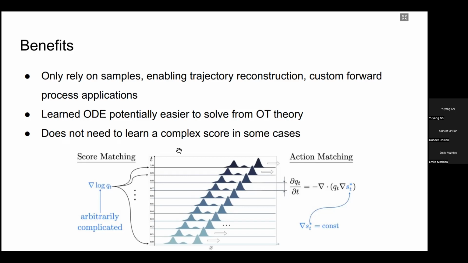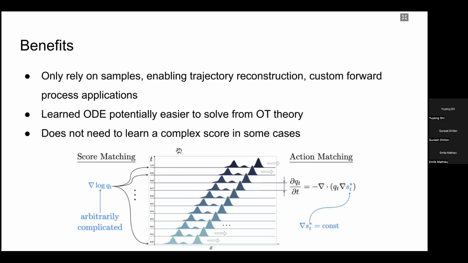And also, as I said before, they have some custom forward process, as opposed to a noising process, such as processes from color to uncolored images. And so this enables more applications. And the second thing is that because of the optimal transport theories, the learned ODE may be potentially easier to solve.